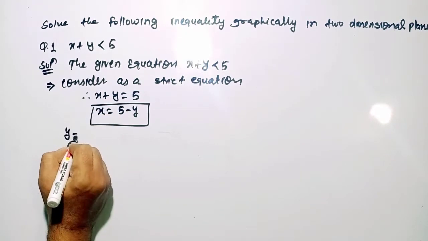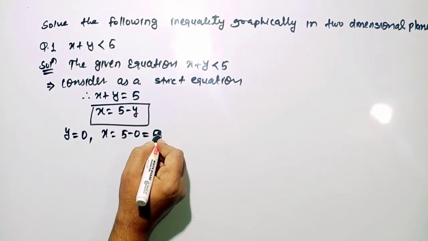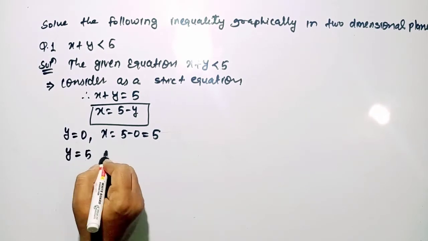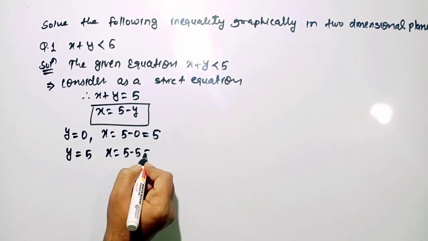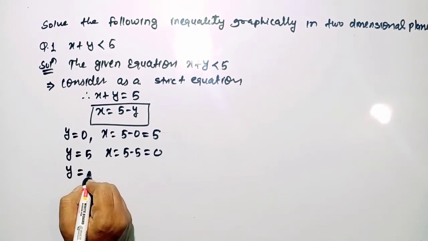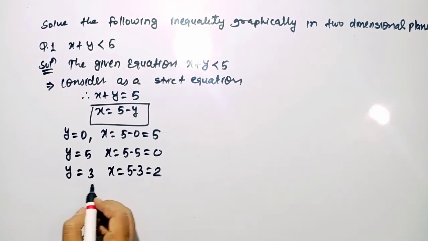Now considering different values of y, suppose y is 0, so x is 5 minus 0, this is 5. Now considering y is equal to 5, so x is 5 minus 5 is equal to 0. This time considering y as 3, so x is equal to 5 minus 3 is equal to 2.